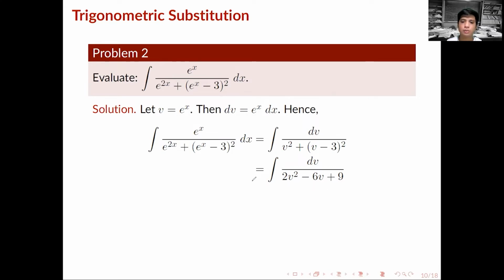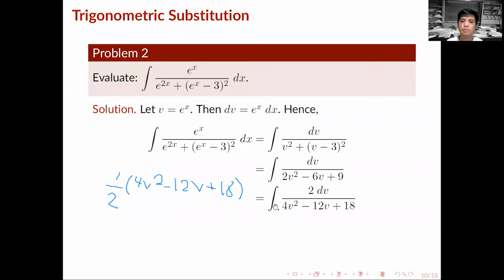And afterwards, I will factor out 1/2 to obtain this polynomial 4v squared minus 12v plus 18. I'm going to ignore plus 9 minus 9 because they're just equal to 0. So from here, we will obtain this integral.